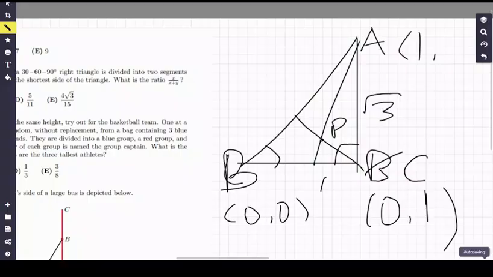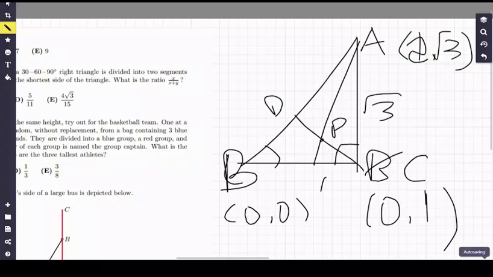Now we can actually represent all of this, because this is a special triangle and we are placing it in a plane. So let's go to this point D. We actually know this point D, and instead of writing 1, let's write A here.